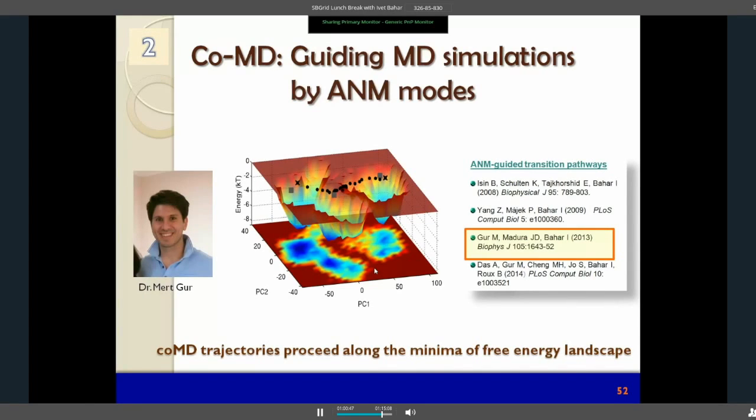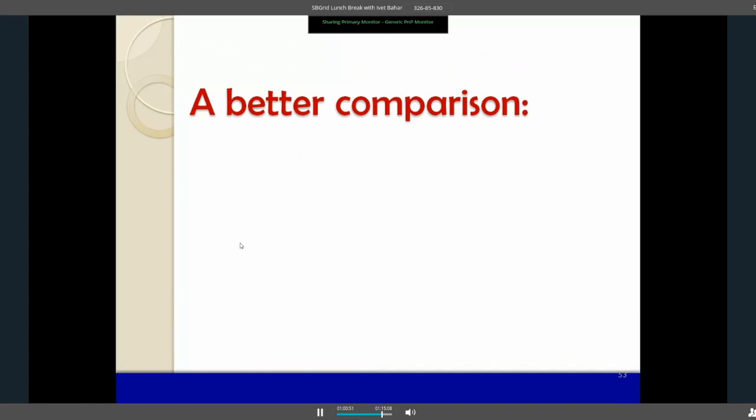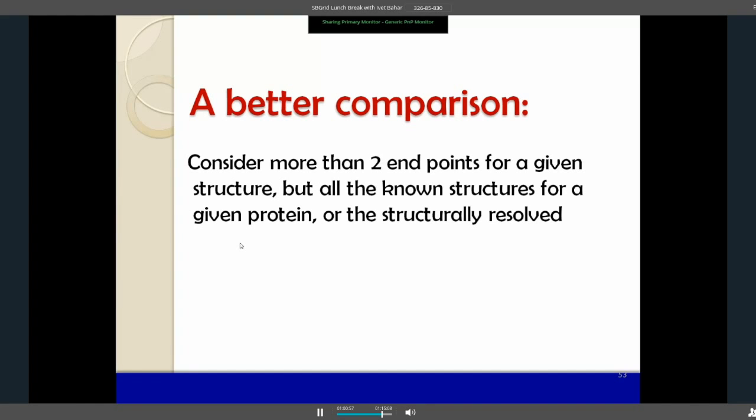Now, instead of comparing two endpoints, such as the R and T states I just mentioned, a better comparison would be to take large ensembles of structures and see whether the alternative conformations sampled by ANM represent the ensembles that have been observed experimentally.